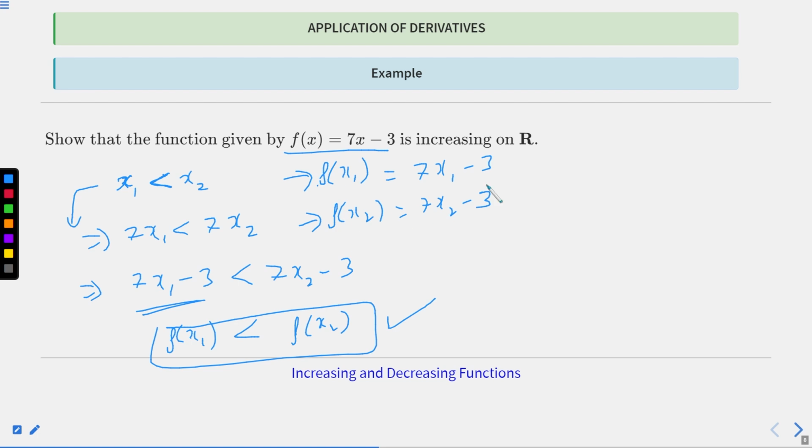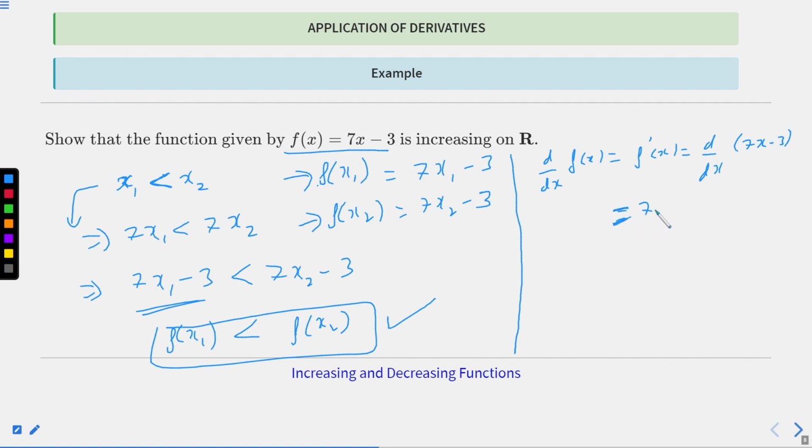Now suppose we use the concept of derivative. Find the first order derivative, d over dx. So f prime of x will be d over dx of 7x minus 3, which equals just 7.